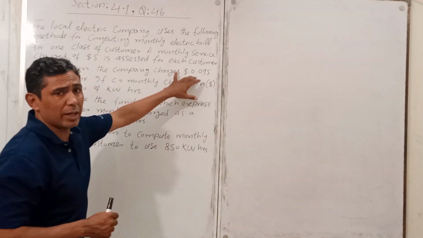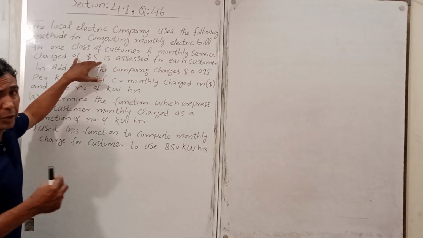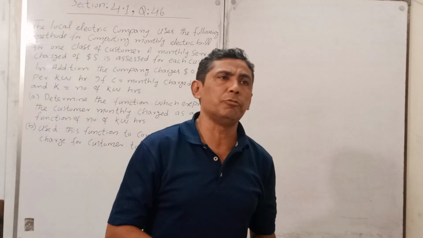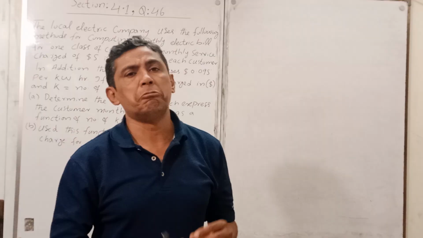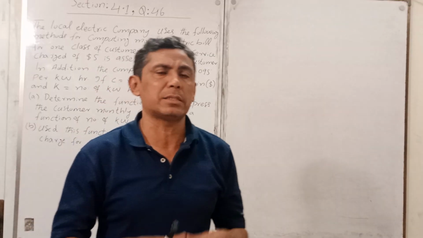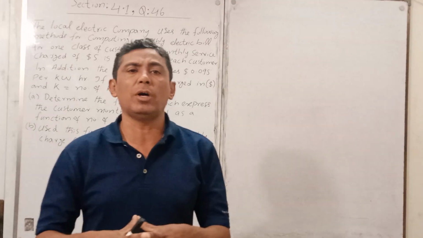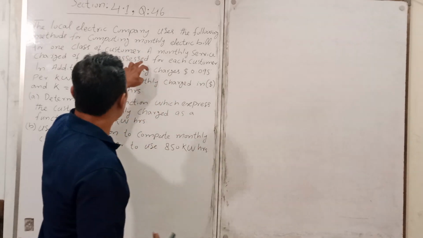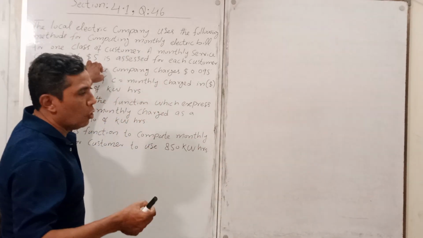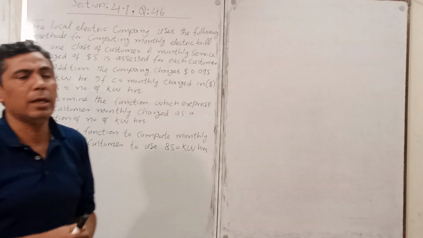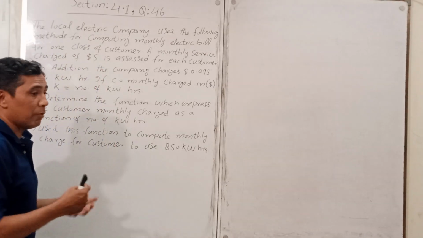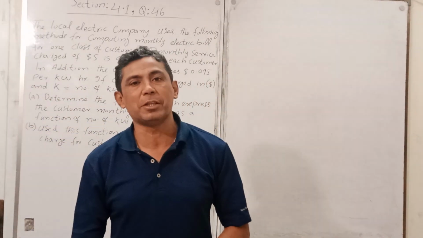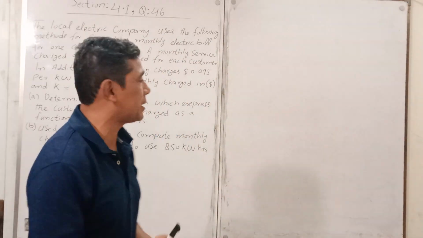So this is the variable charge, and $5 is a fixed charge, called the service charge, or sometimes in technical terms we call it a withholding tax or something else, which is fixed, because even if you are consuming 0 units, you have to pay $5 to hold the services of K Electric, or the electric company. I am using the word K Electric because we are all familiar with K Electric.